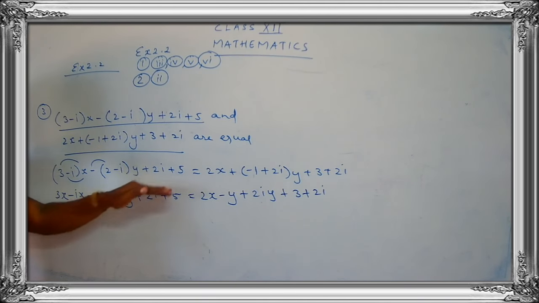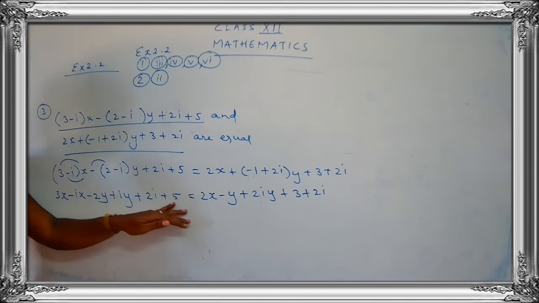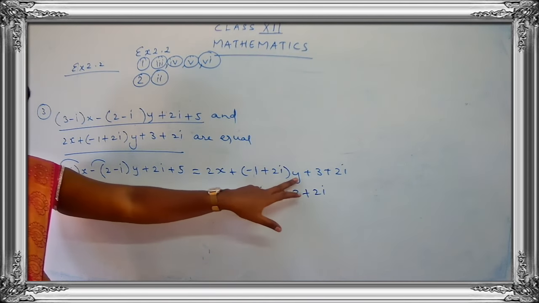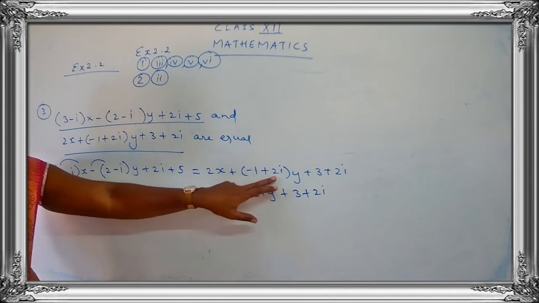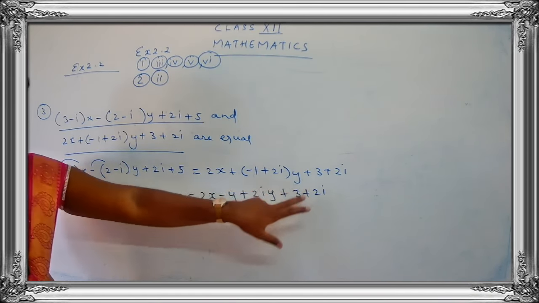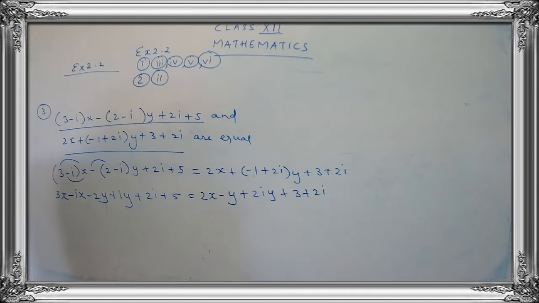No bracket, so just copy the same number, 2i plus 5. 2x, minus 1 into y, minus y, 2i into y, 2iy, plus 3 plus 2i. Clear? So we have just opened the bracket.